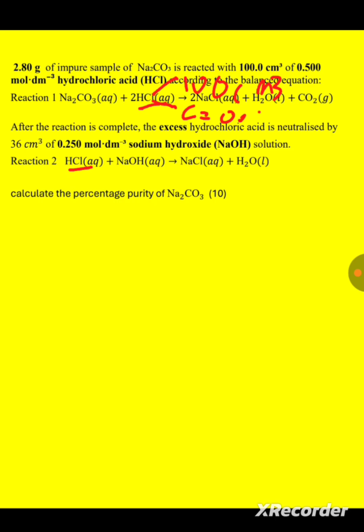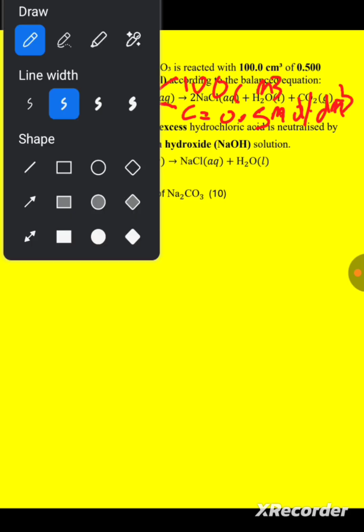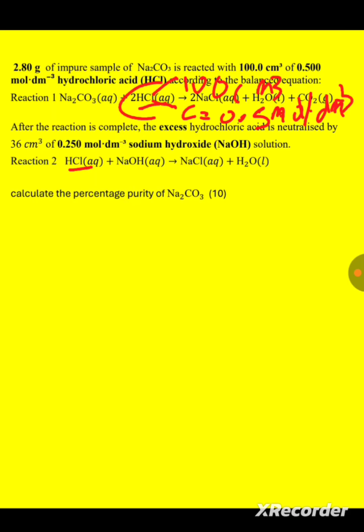It's the same as saying 0.5 mole per cubic decimeter. Now, I'm going to find the number of moles for HCl. Then come here, get the number of moles of HCl.